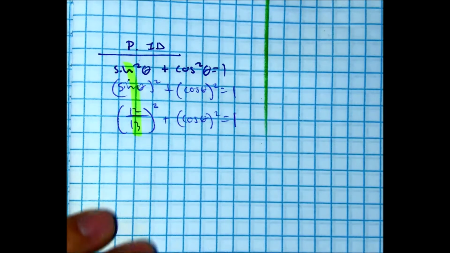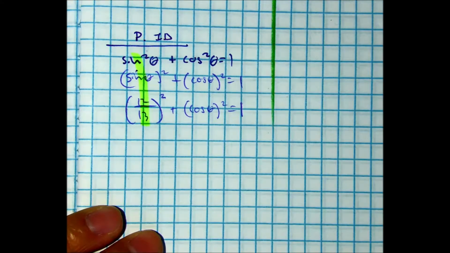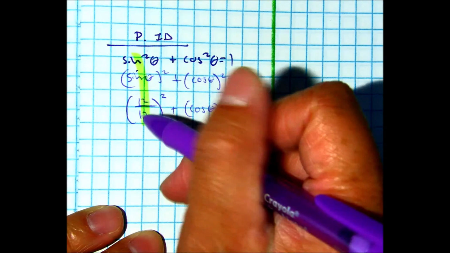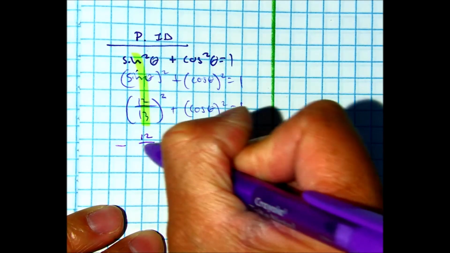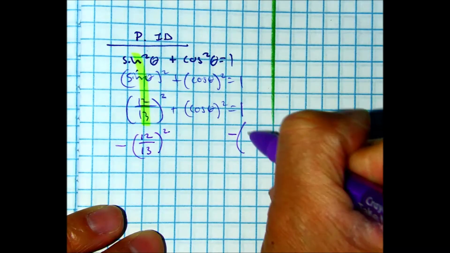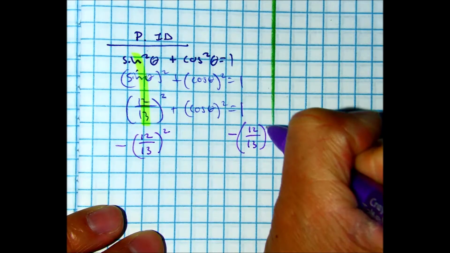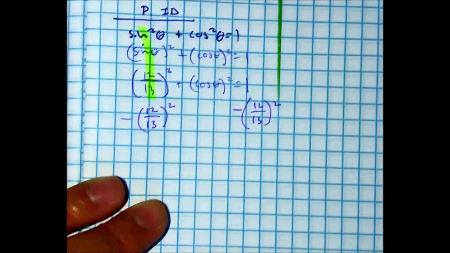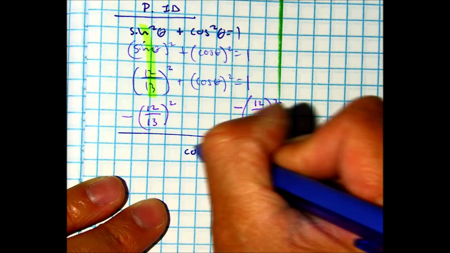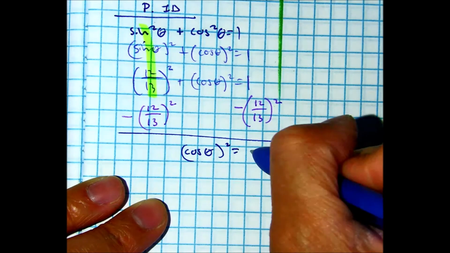Alright, Aaron. What should we do next? Subtract it from both sides, so it's over 13 squared from both sides. Okay. What do you get? Cosine theta squared equals 1 minus 12 over 13 squared.